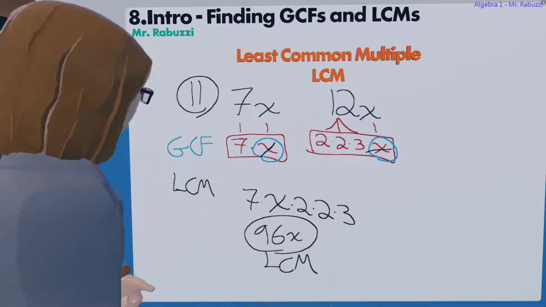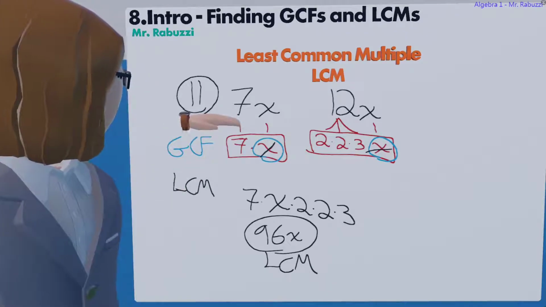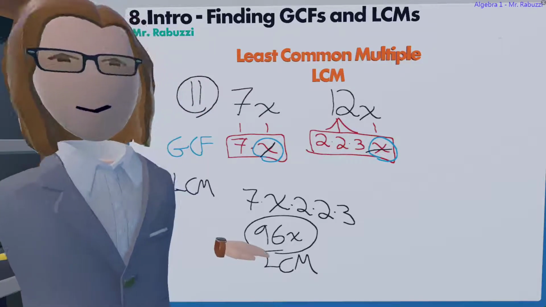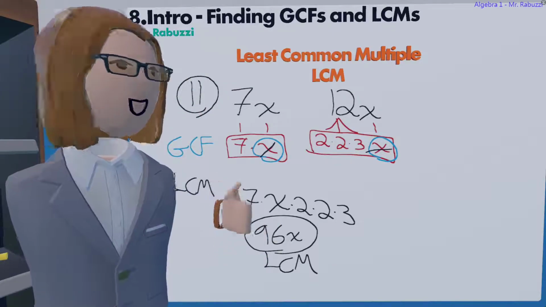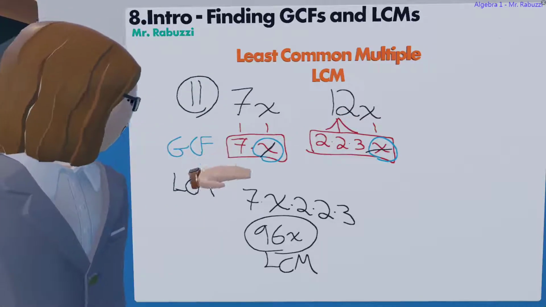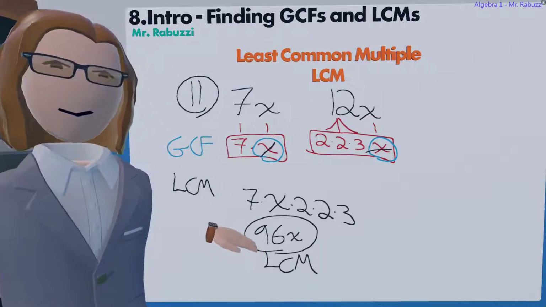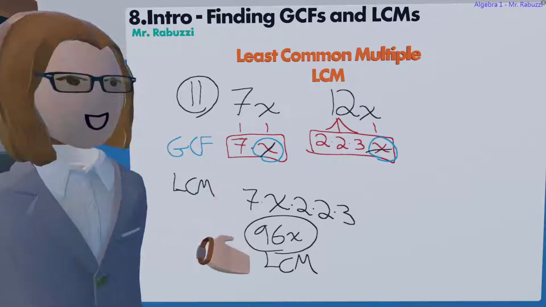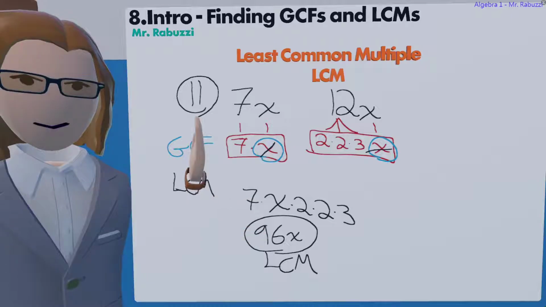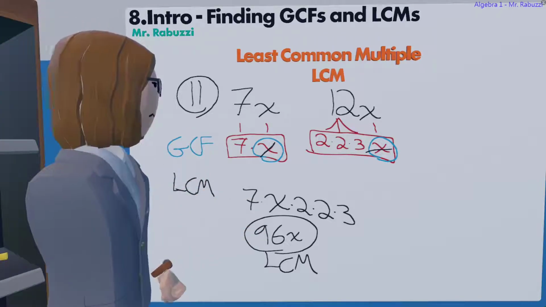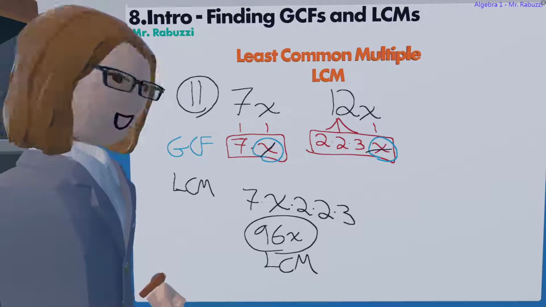That means 7x times 2, 2, and 3 will become 84x. Nice. 12x times 7 will also be 84x. It's very neat how they match up like that. That's the definition of a least common multiple, though. The two numbers will multiply into that number. Very neat.